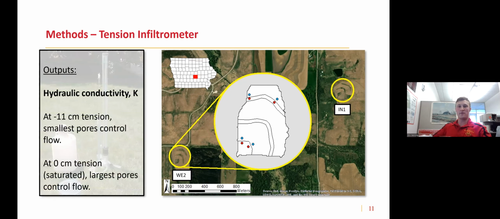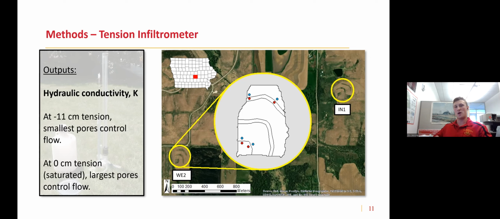The meaningful variables that we measure with the tension infiltrometer are values of hydraulic conductivity, which is just the soil's ability to conduct water. I won't get too into the weeds about how the equipment actually works, but what's kind of neat about the tension infiltrometer is we can basically control which size pores are actually conducting water.